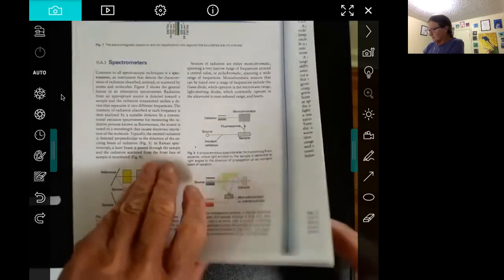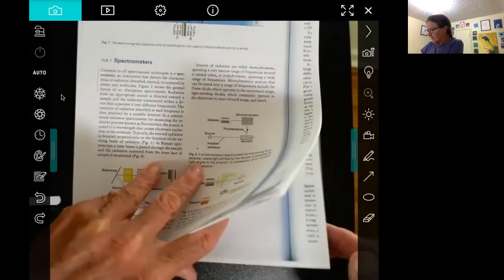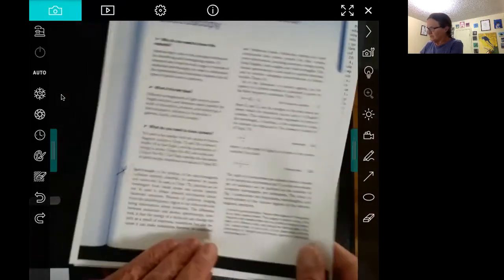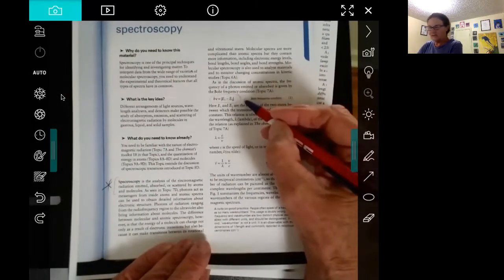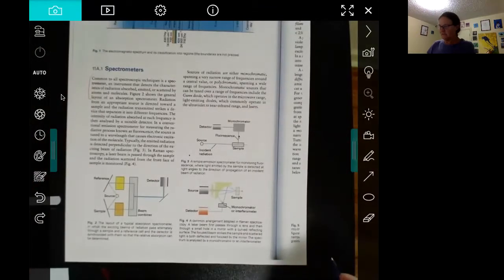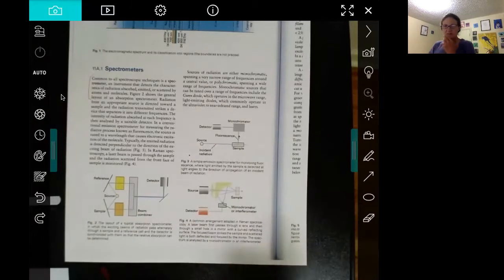And because you're finding out things about the type of light, that means you're also finding out about the energy states within your molecule and atoms. So really what you're doing is determining experimentally what type of light you have, and then you can relate that to what the energies must have been.